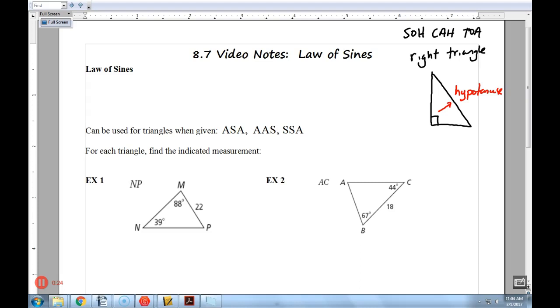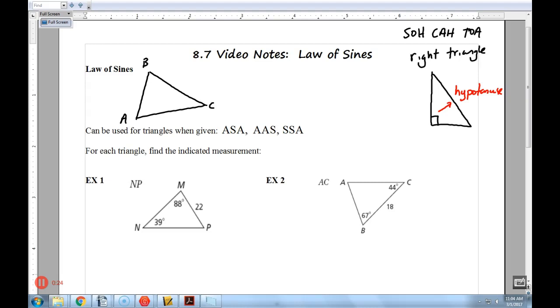Let's break down the law of sines, and I'm going to draw a generic triangle over here, something like this, and it's not a right triangle. I'm going to label the angles A, B, and C. In order to understand how the law of sines works, you have to get the naming down properly.